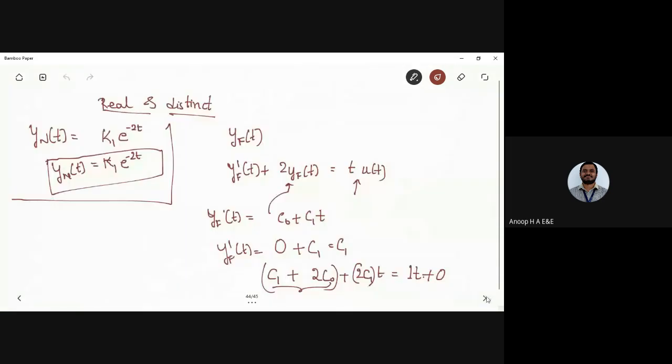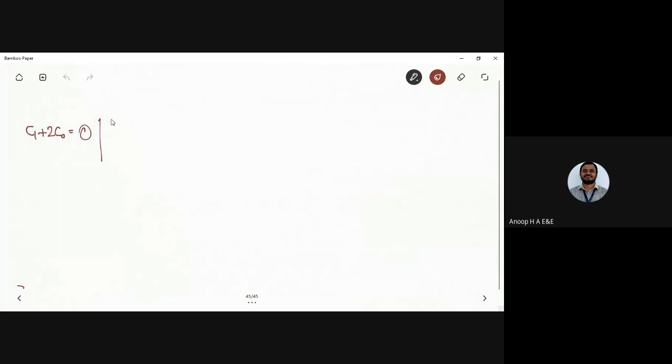That would be 2C1. 2C1 would be equal to 1. So I have C1 equal to 0.5. So this 0.5 is here plus 2 into C0 that would be equal to 0. So what I'll do here, I'll take it this way. So I have C0 equal to minus 0.5 divided by 2.